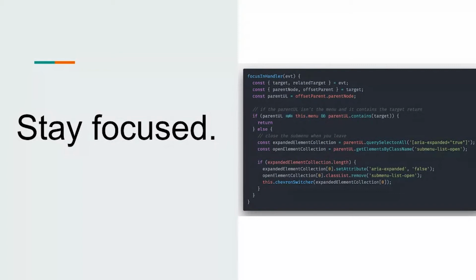So focus in helps with that, because we can now say, oh, you've left an element, and I know what that element was because I attached a data object to it, or I attached a class name or an ID to it. I know what that is, JavaScript says, and I can close that submenu automatically. Or I can just skip it altogether. Or I can change the state of aria-expanded, like this here.